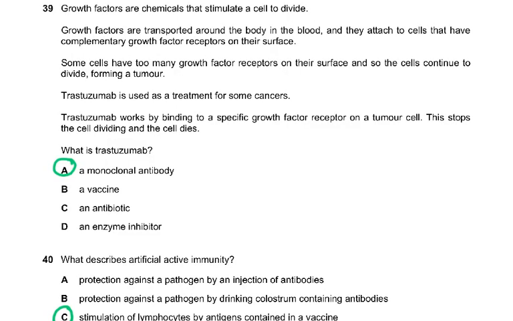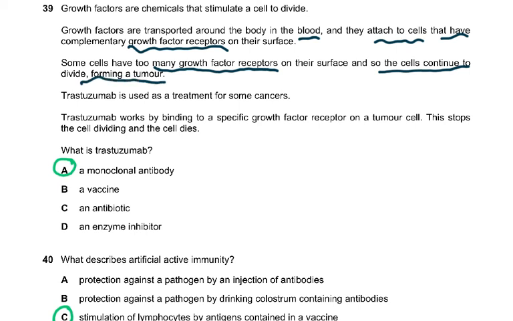Now let's read question 39 slowly and understand it. Growth factors are chemicals that stimulate a cell to divide. Growth factors are transported around the body in the blood, and they attach to cells that have complementary growth factor receptors on their surface. Some cells have too many growth factor receptors on their surface, and so the cells continue to divide, forming a tumor.